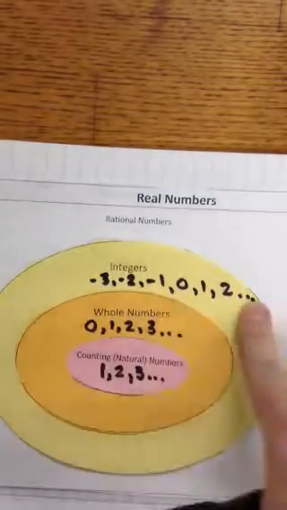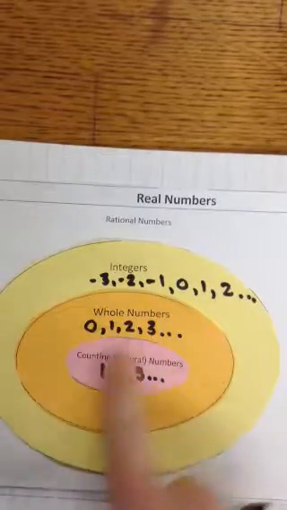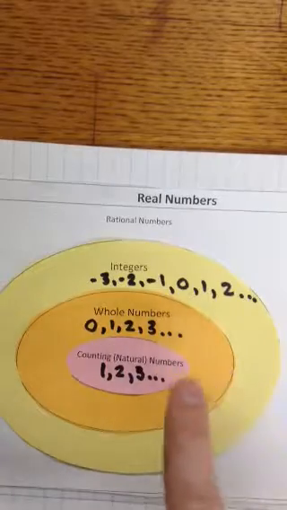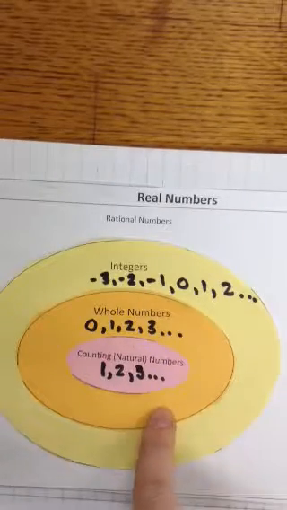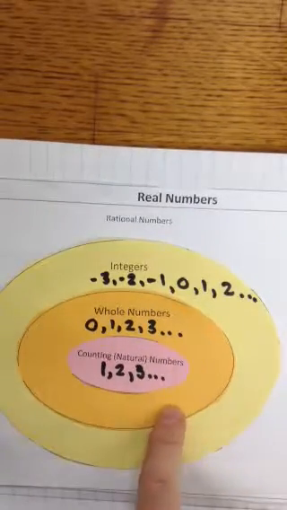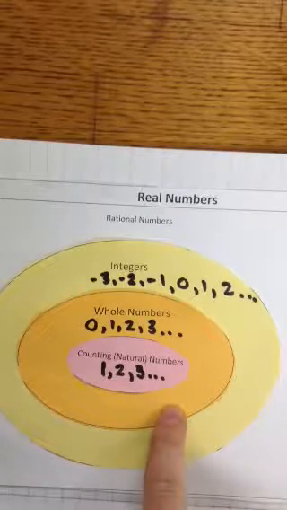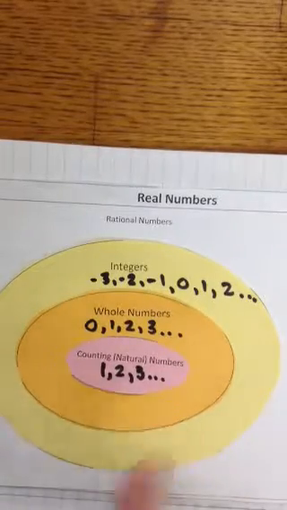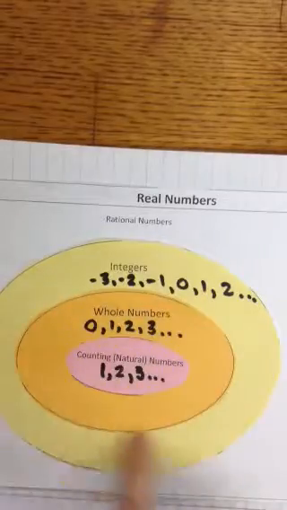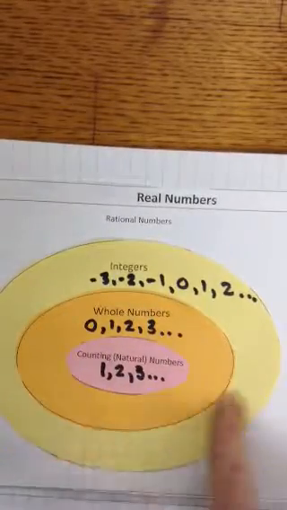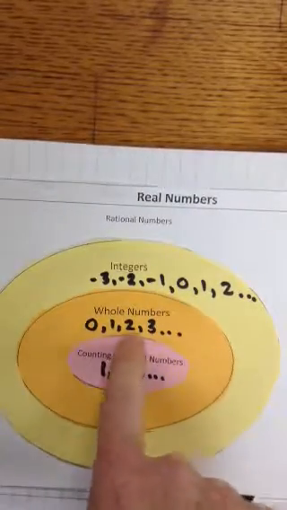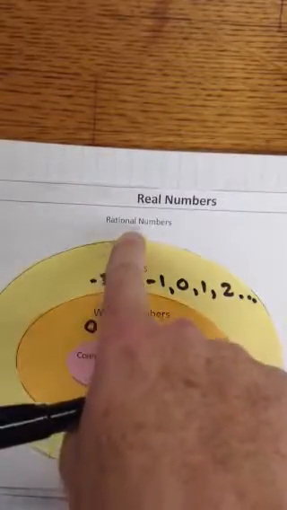Notice that in this set and in these, we never put a fraction. We never put a decimal number like 1.5. So no fractions or decimals are ever going to be called a natural number, a whole number, or an integer. They are introduced here in the rational numbers.